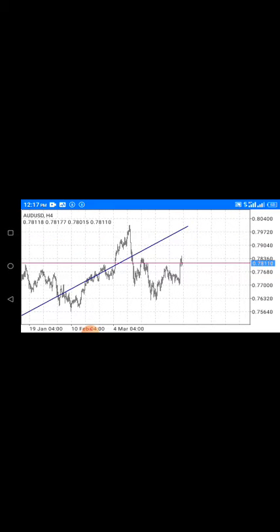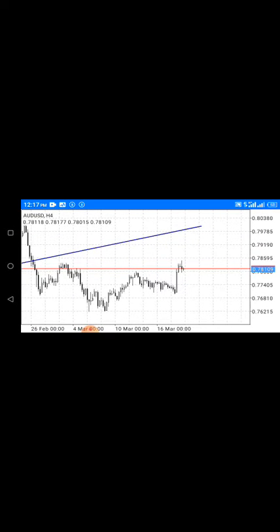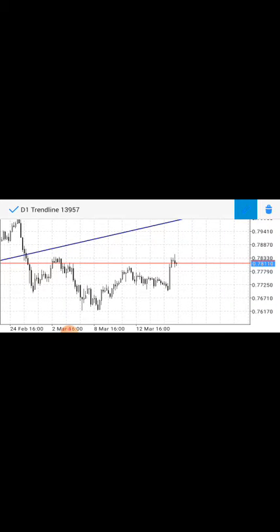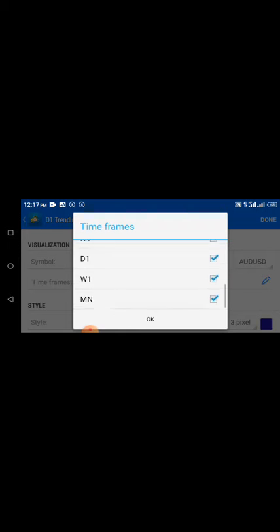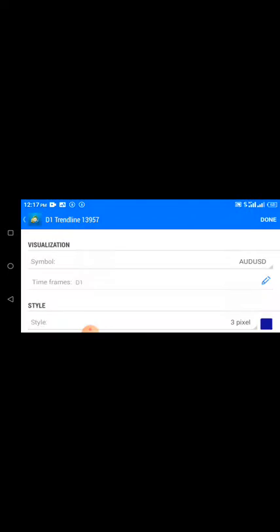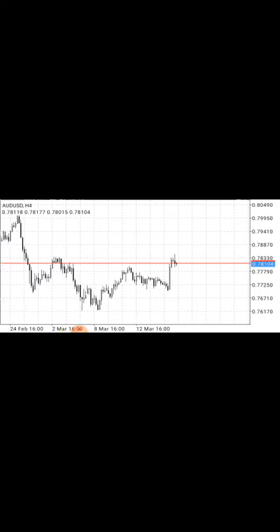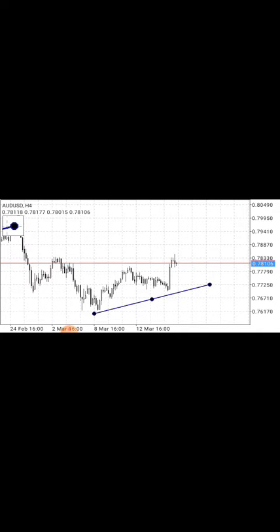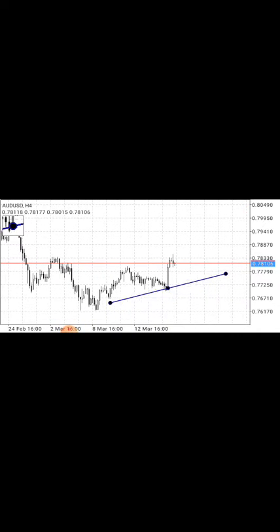I can see that a clear trend line has been developed on the 4 hour time frame for an uptrend. If you can see it with me, you will see this clear, very obvious trend line.